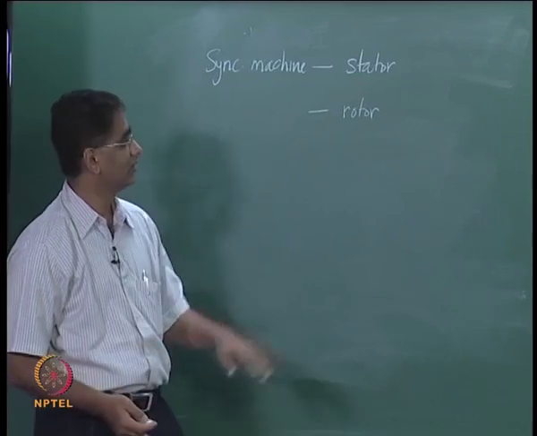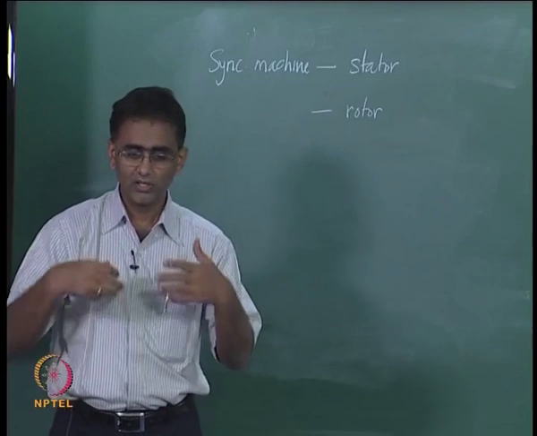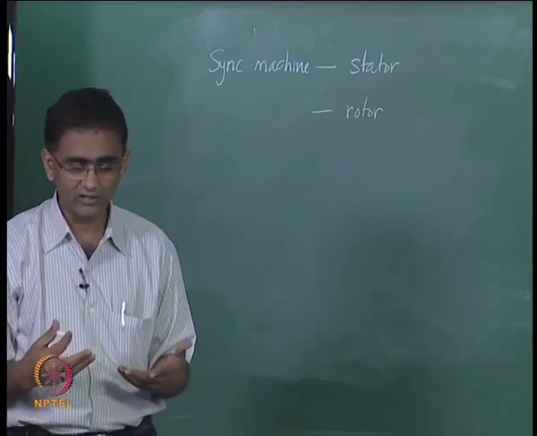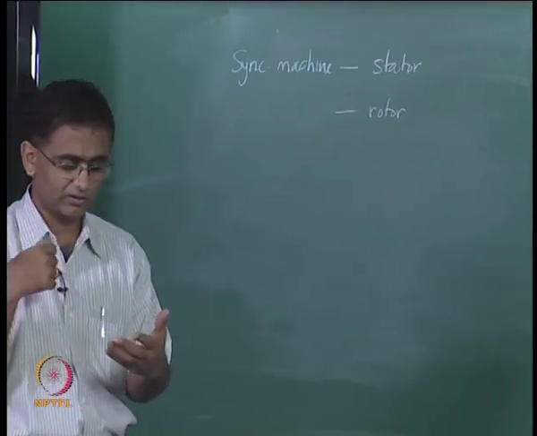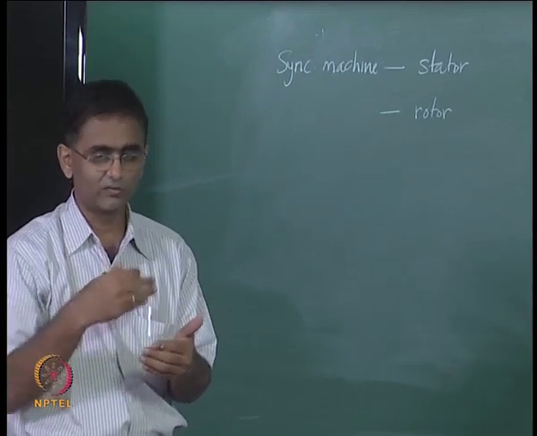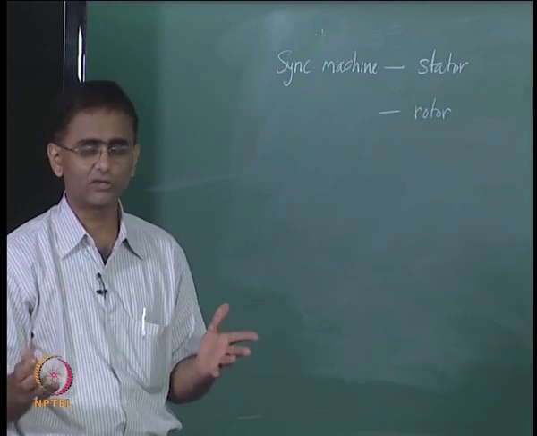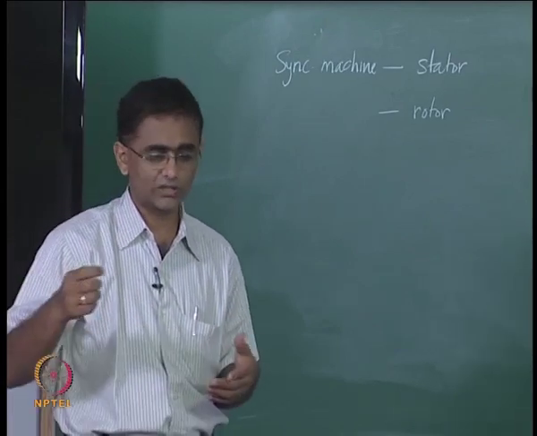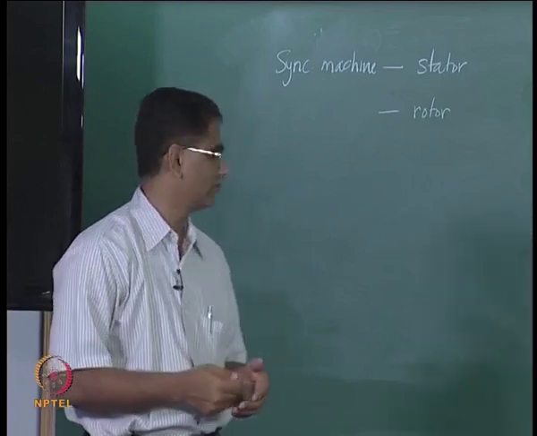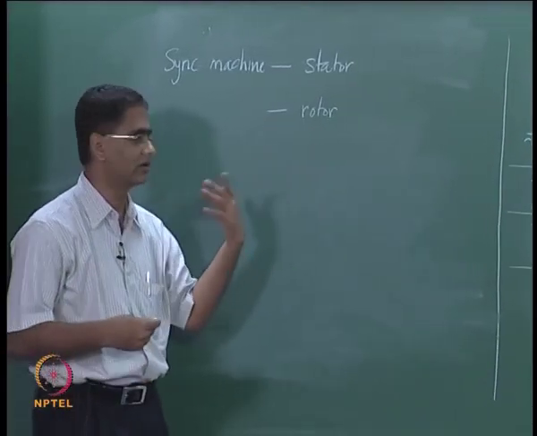In the induction machine, the rotor has no independent source of excitation, which is why it is called an induction machine in the first place. The field that is generated by the stator, because it is revolving, induces a voltage in the rotor, and because the rotor is short circuited, the voltage induced allows flow of the rotor currents, and thereby it generates a torque.